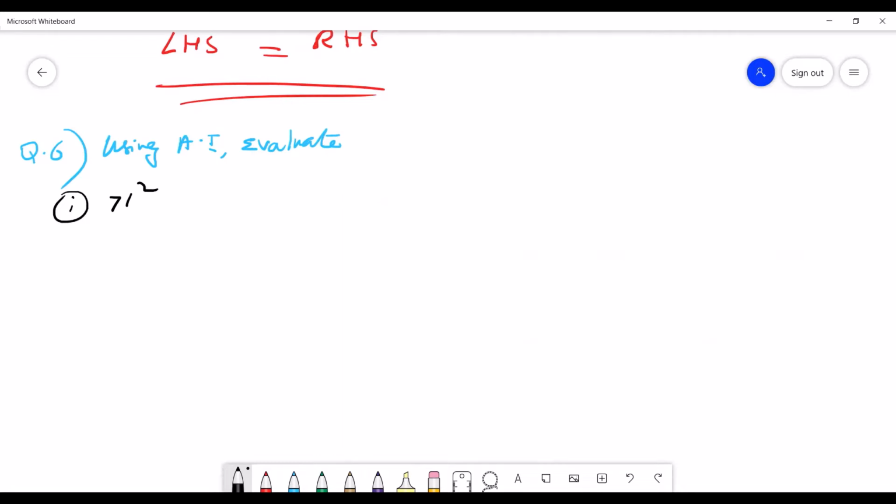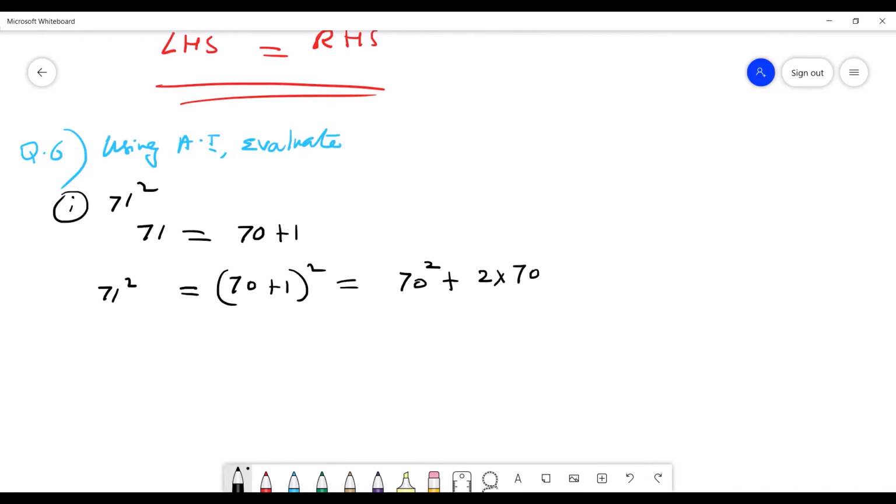So 71 we can write as 70 plus 1. So 71 whole square will become 70 plus 1 whole square. So this is equal to a plus b whole square. So 70 square plus 2 into ab. So this is a square plus 2ab plus b square, that is a plus b whole square. This is the algebraic identity that we are using here.